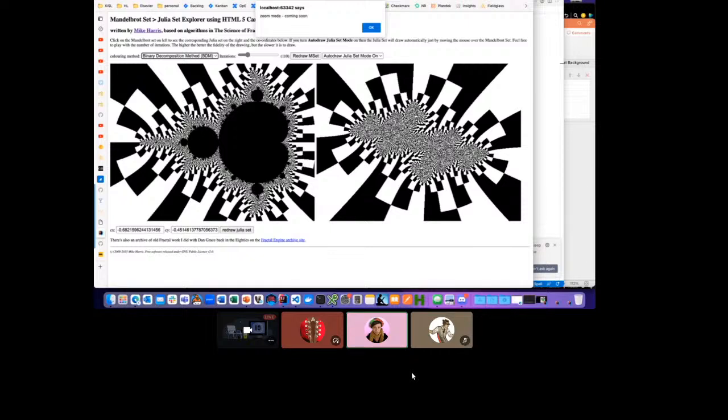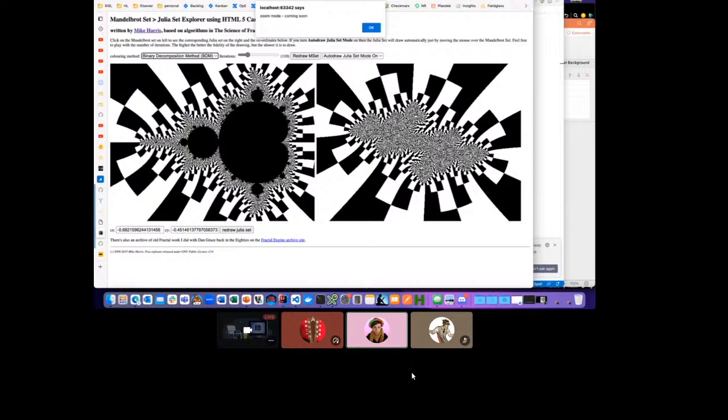So for example, just to show you very quickly, if we use the COBOL version of the code, you can see here the resolution of the drawing that we're doing is 240 by 100.